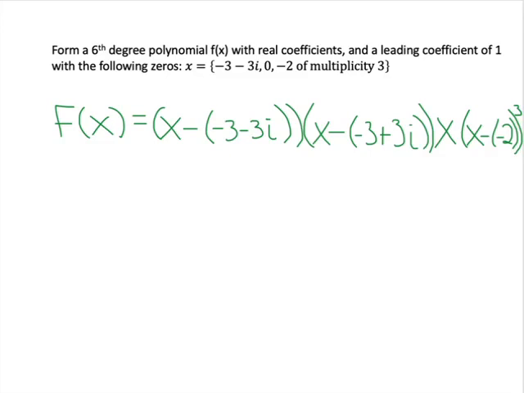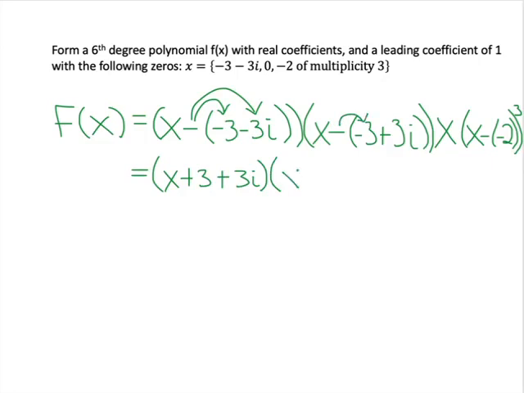So one part of this process is done here, just writing down the factors. Now we have to multiply them out. So we have x, I'm going to use the distributive property here. If I have a negative right here and I distribute it to both of these, all it does is change the sign of them. So this is going to be x plus 3 plus 3i. Same thing here. I've got the distributive property.